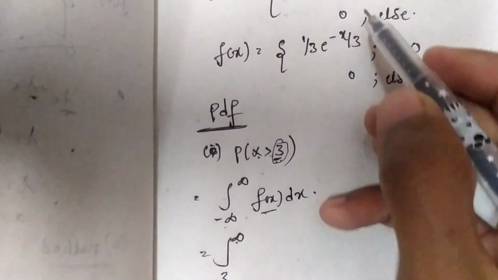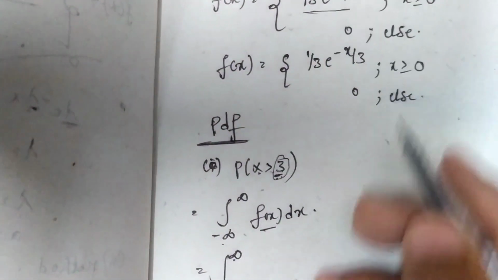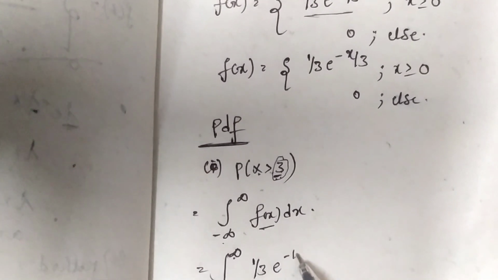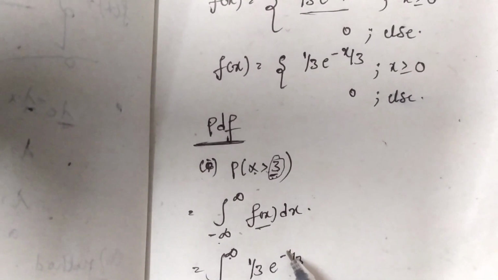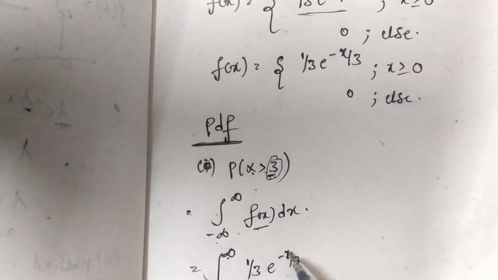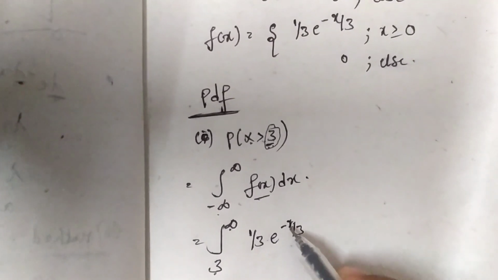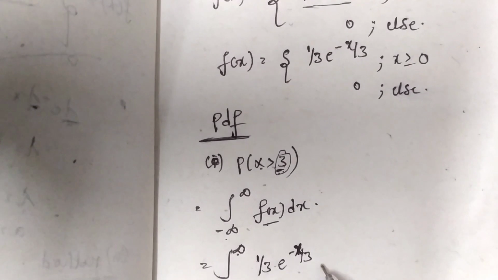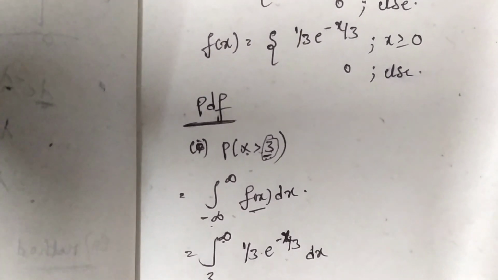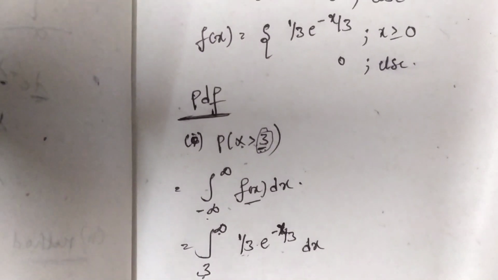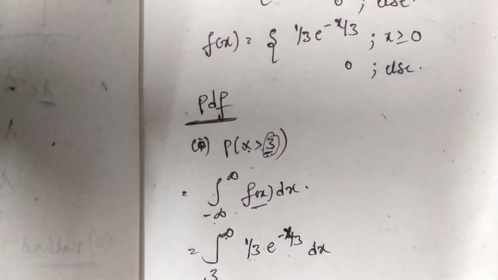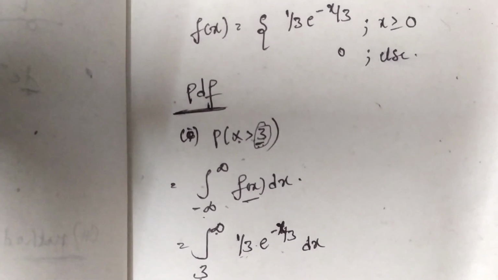Here the f of x function is 1 by 3 e power minus x by 3 dx. We take the value 1 by 3 outside: 1 by 3 integration from 3 to infinity of e power minus x by 3 dx.